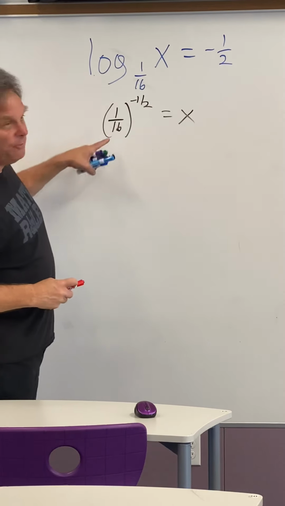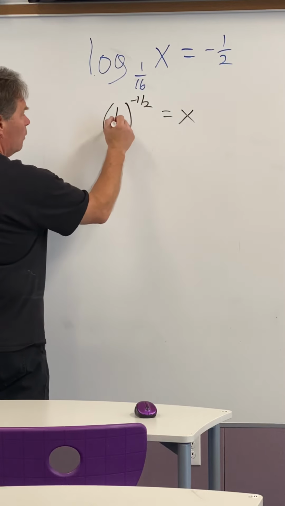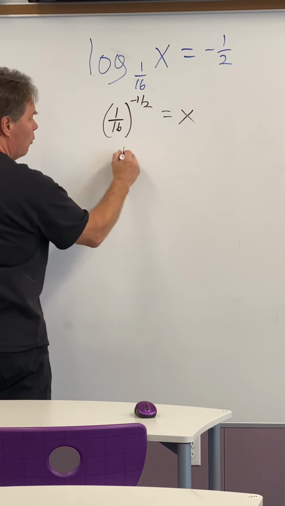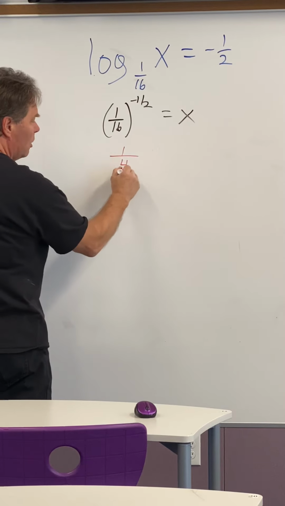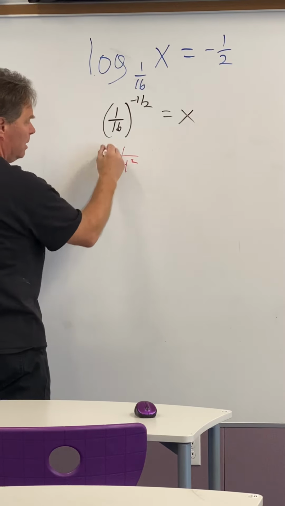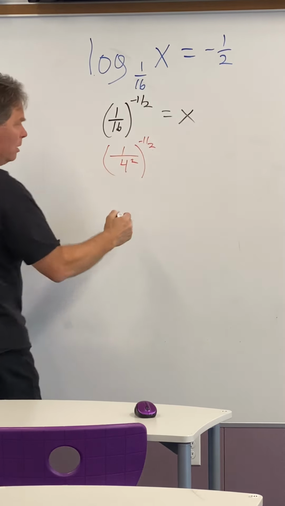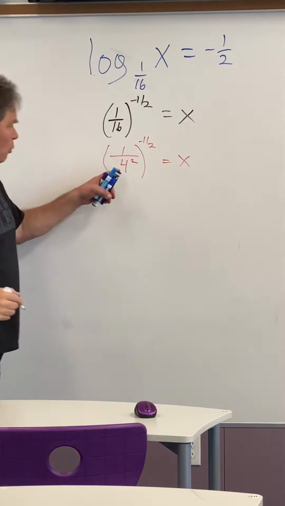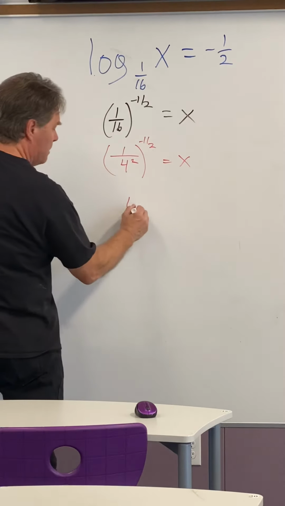However, I got to simplify this. Well, look at this. 1/16, I could call that 1/4 squared, or I could call it 1/2 to the 4th. Let's just call it 1/4 squared right now, okay? 1/4 squared to the -1/2 power equals x. Well, whenever you have a base to a power in the denominator, I can move it up to the numerator if I make it negative.